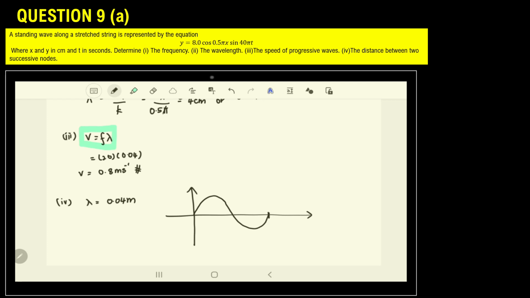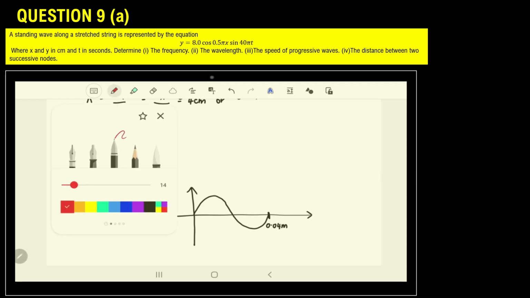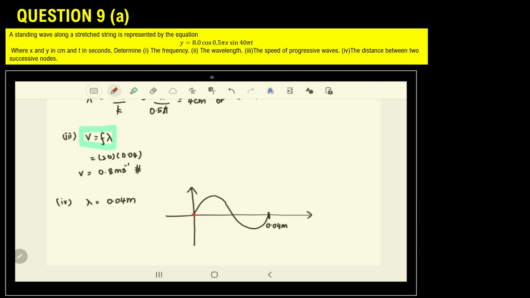So the distance between two successive nodes, from here to here, node to node, is half wavelength. Therefore lambda over 2 is equal to 0.04 over 2.